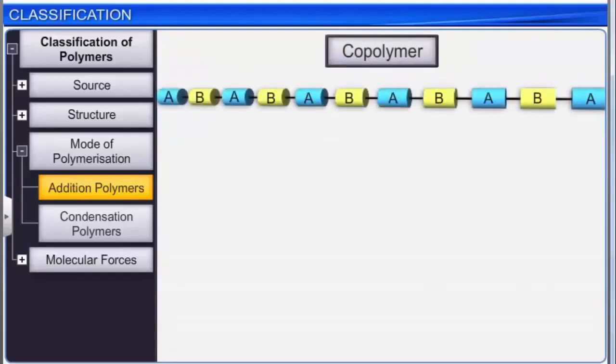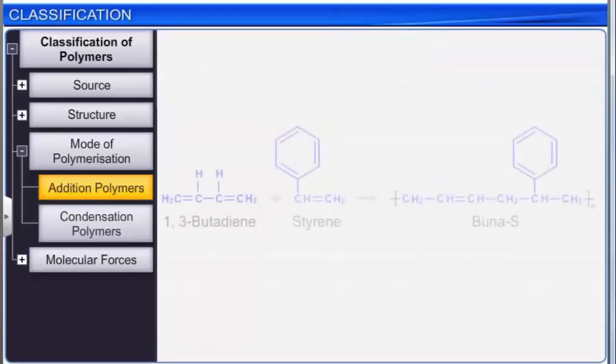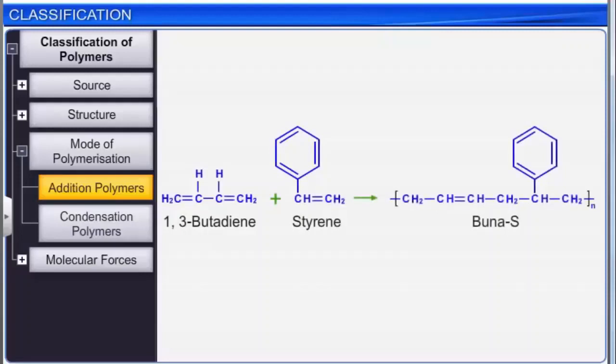Two important examples of copolymers are Buna-S and Buna-N. The general scheme for the addition reaction for Buna-S is shown here. 1,3-butadiene and styrene combine to form a butadiene-styrene copolymer.